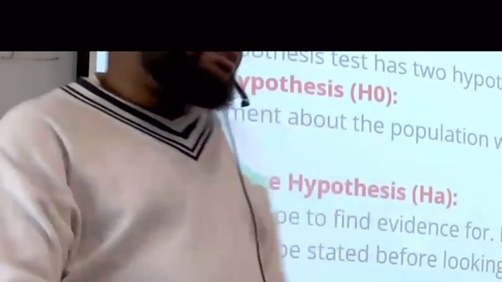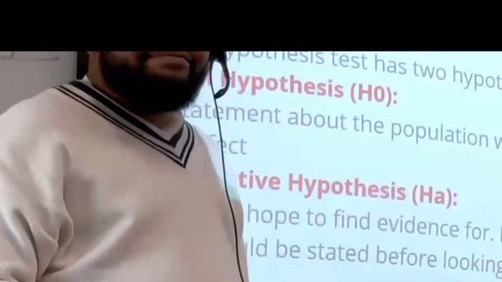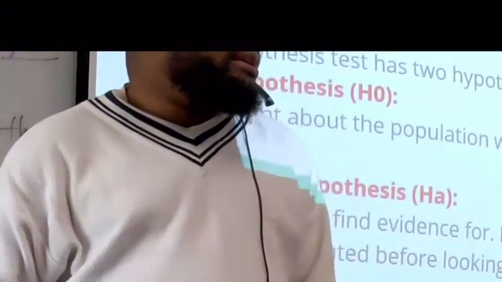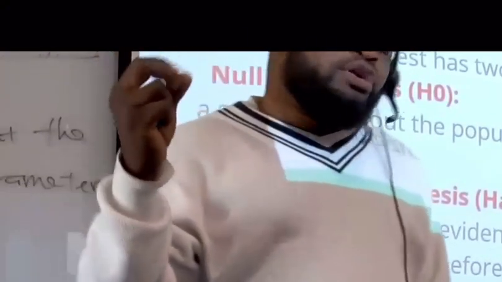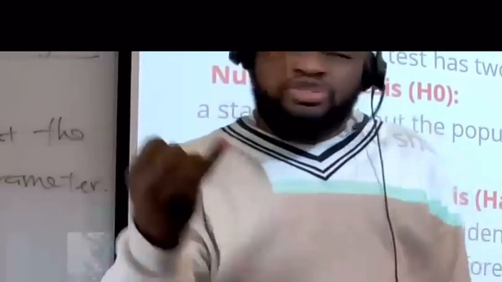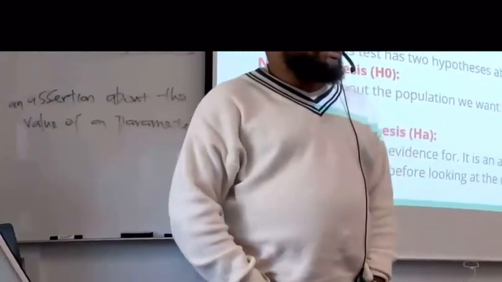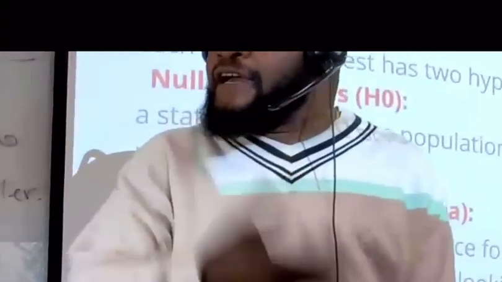Now, the next thing is to talk about hypotheses. Just like in a court of law, when somebody is accused of wrongdoing, there exist two hypotheses. The first presumes that the accused person is innocent, and the second presumes that the accused person is guilty. Also, in a scientific hypothesis test, we have two forms of hypothesis.